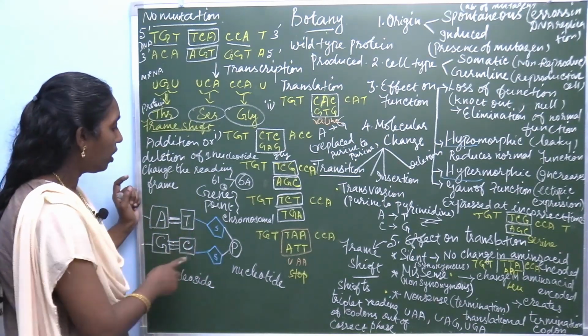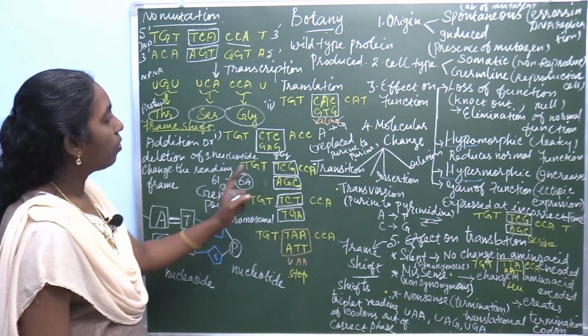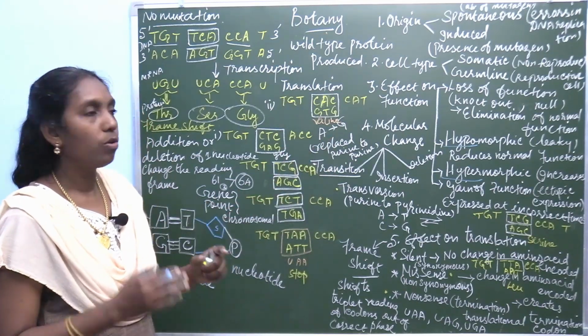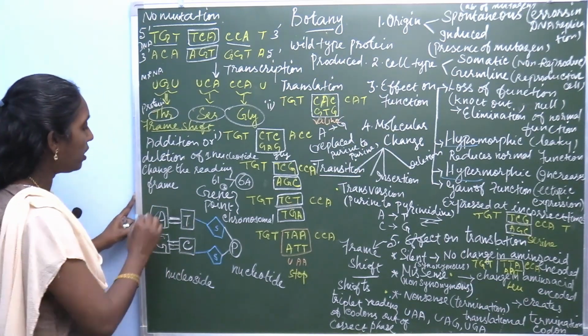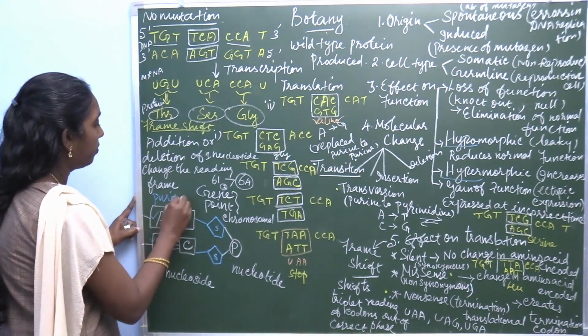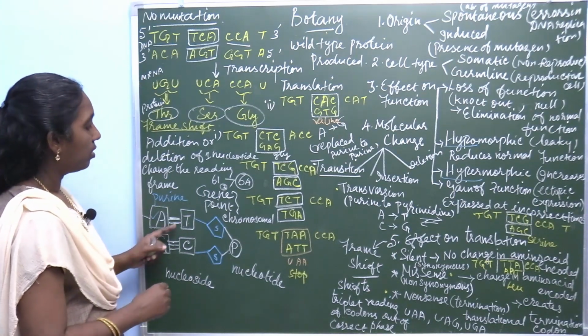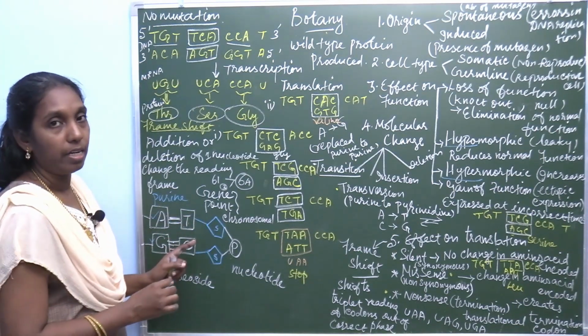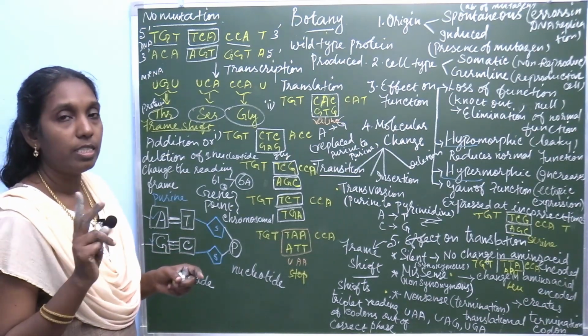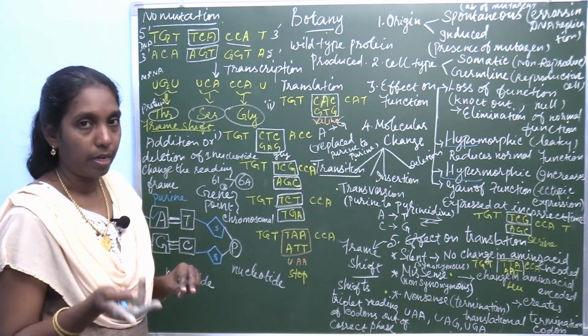Among these four, adenine and guanine are called purines, and thymine and cytosine are known as pyrimidines. The nitrogenous bases are of two kinds, purines and pyrimidines.